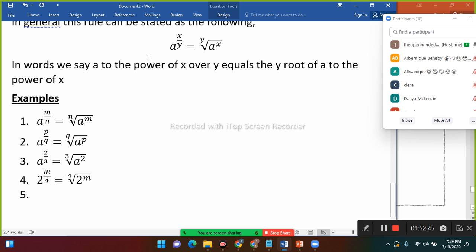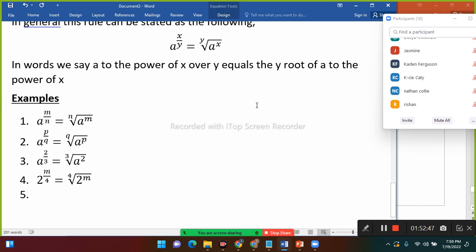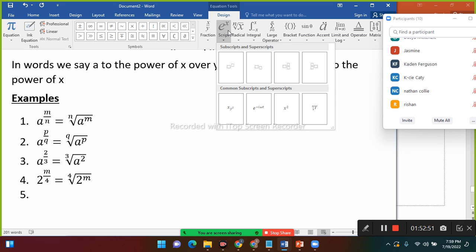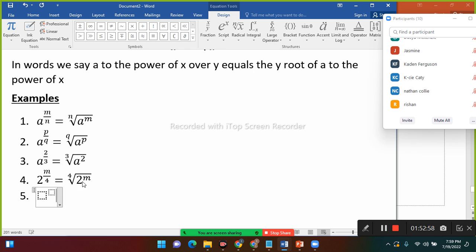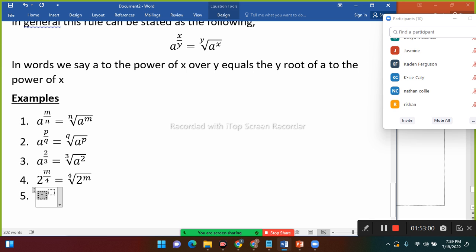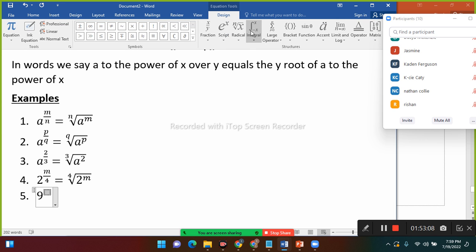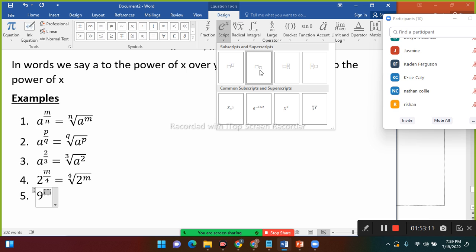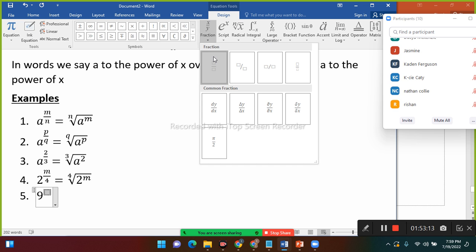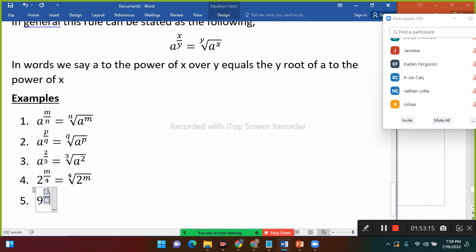We can still manipulate this some more, and with this one I'm going to ask Jasmine to help me. So we can look at it with just pure numbers. Say for example we have 9 to the power of 1/2.